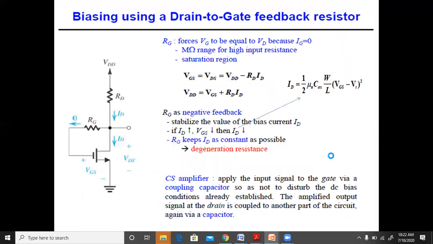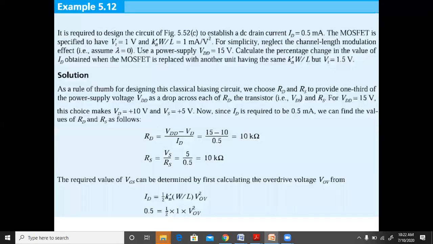It's not necessary that we write it like that only. We can always write, because of this statement, the voltage across RS is equal to 5 volts, the voltage across RD is equal to 5 volts, and the voltage VDS itself is equal to 5 volts. Hence the value of RD is 5 volts by the value of ID. 5 volts by ID, given as 0.5 milliamperes, will be 10 kilo ohms.